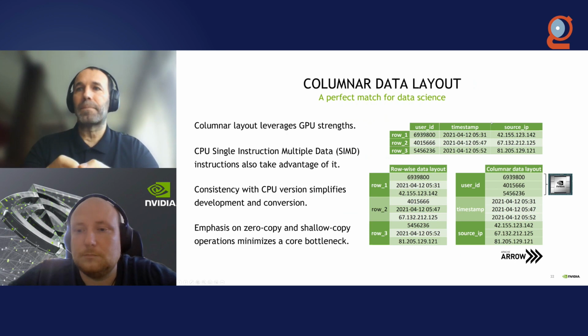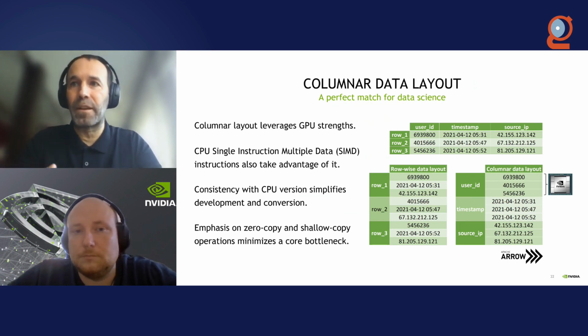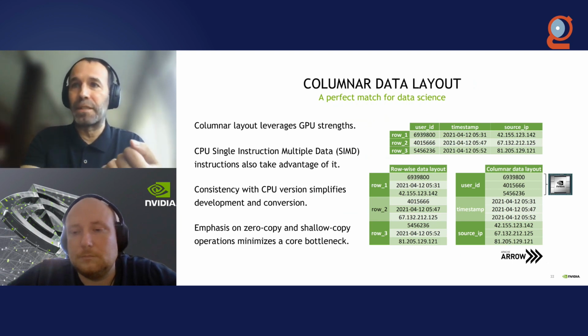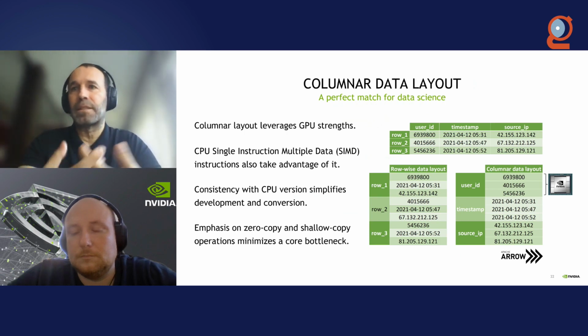Being fair, GPUs historically deal really well with columnar data because we're able to spin lots of processes in thousands of kernels in parallel with regards to a CPU, for instance. But being fair, CPUs introduced a while ago the single instruction, multiple data instruction set.